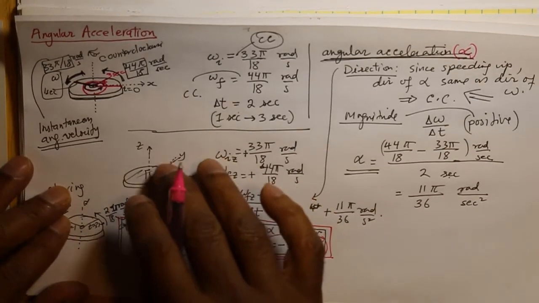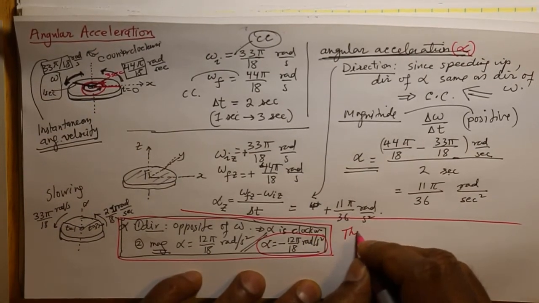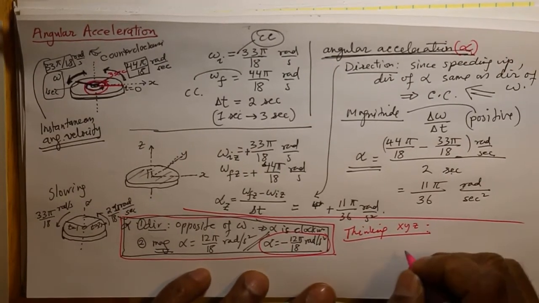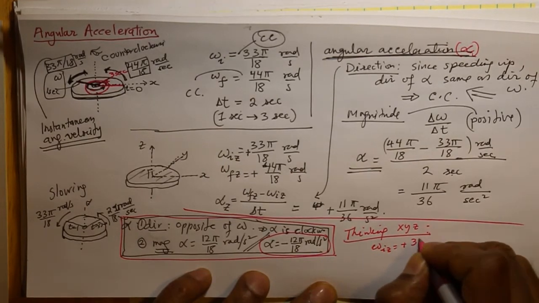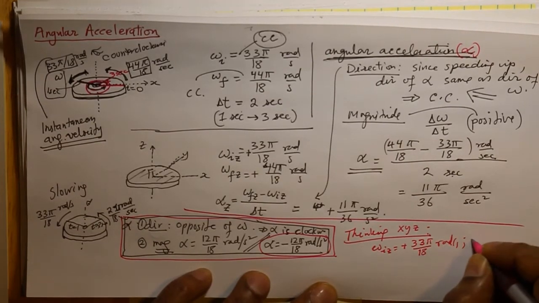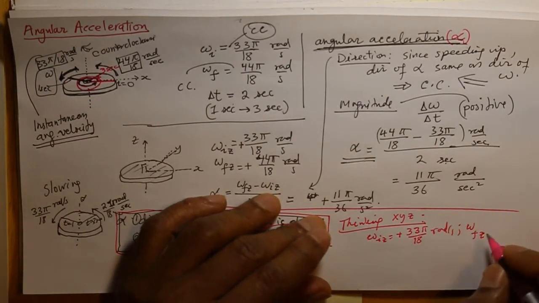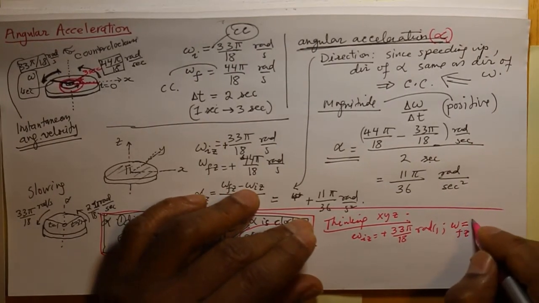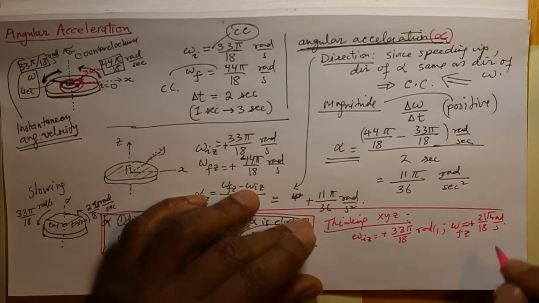Now if you're thinking in terms of xyz, then it's almost automatic. So I have omega iz is plus 33 pi over 18 radian per second. Omega final z equal to plus 21 over 18 pi radian per second.